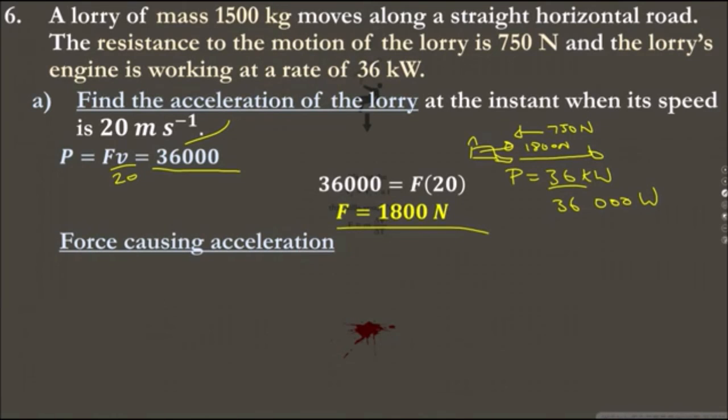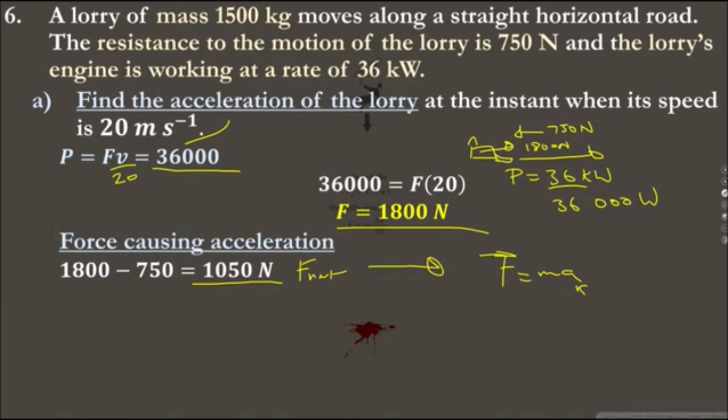So we need to subtract those together, and the total net force is 1,050 newtons going forwards. Now that we know what the force is, we can use Newton's second law of motion to work out acceleration. Acceleration is just force over mass. So 1,050 over 1,500, that's the mass up here, and the acceleration it experiences is 0.7 meters per second squared.